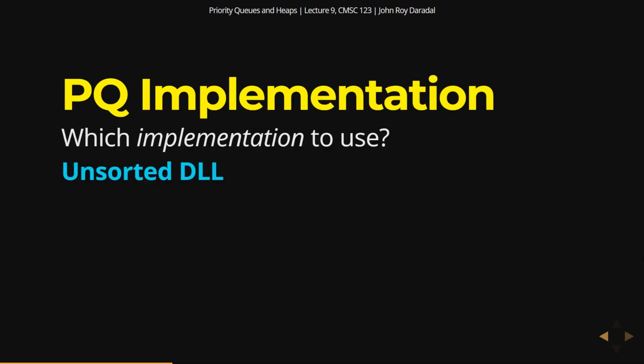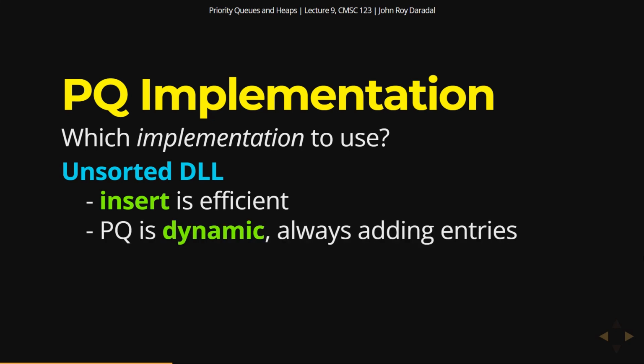Between the two, which implementation should you use? It actually depends on the situation. Unsorted DLL is appropriate when you need a lot of inserts, because the strength of unsorted DLL is that the insert operation is efficient and fast. You use this when your priority queue is dynamic, in the sense that it's always adding new entries from time to time.